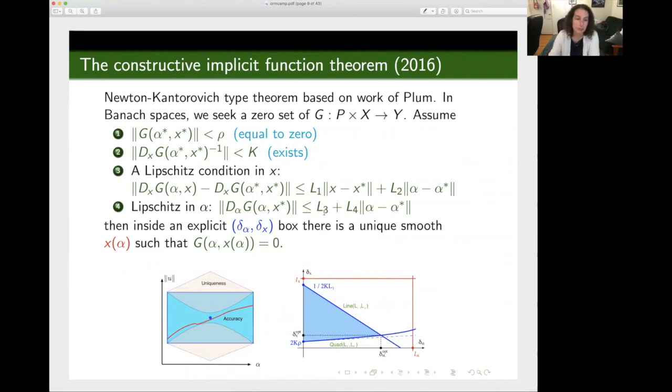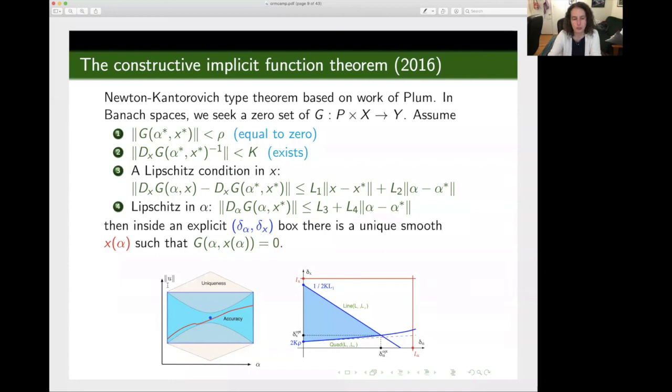And then the conclusion of the theorem is that there exists a box of size d alpha by dx in parameter cross phase space, so that inside of that box, there's a unique smooth curve of solutions.